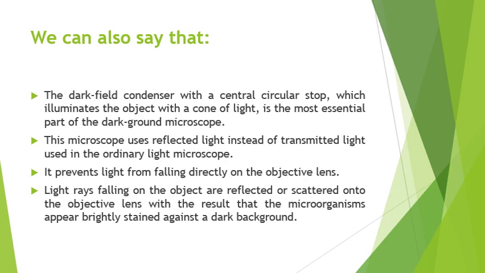This microscope uses reflected light instead of the transmitted light used in the ordinary bright field microscope. So it prevents light from falling directly on the objective lens. The light rays falling on the object are reflected or scattered onto the objective lens, with the result that the microorganisms appear bright against a dark background.